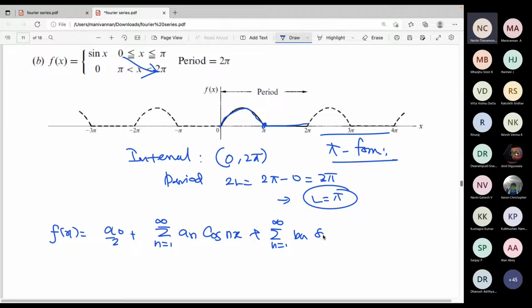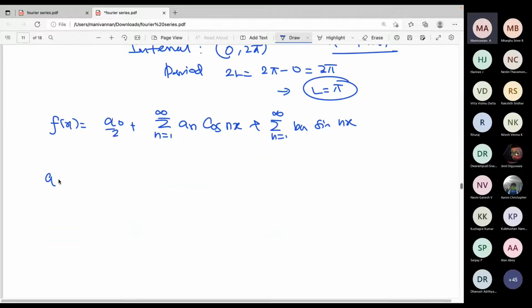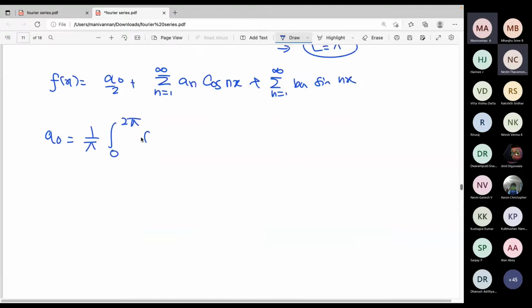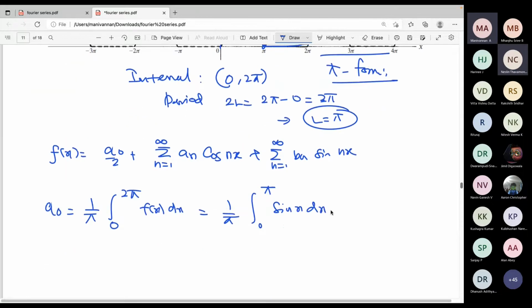Yes, sir. Okay, now a naught, which is 1 by pi, integral over the interval 0 to 2 pi of f(x) dx. So 1 by pi, 0 to pi is sin x dx, plus pi to 2 pi is 0 into dx. That's all.